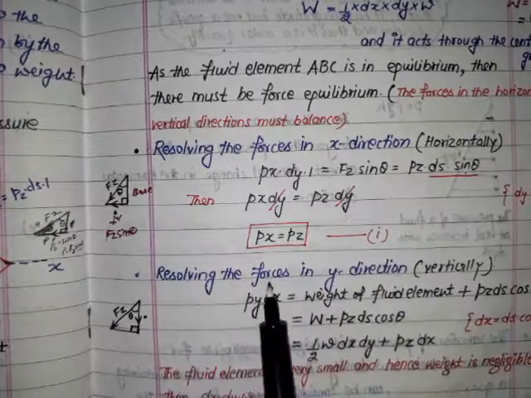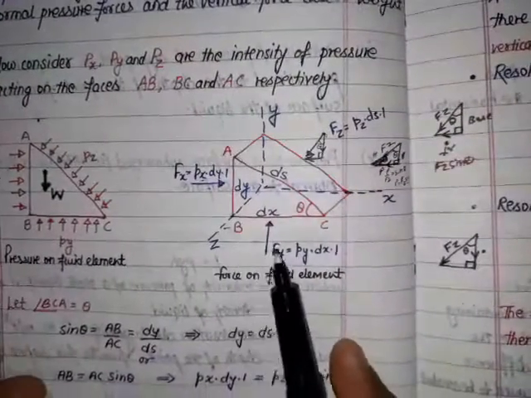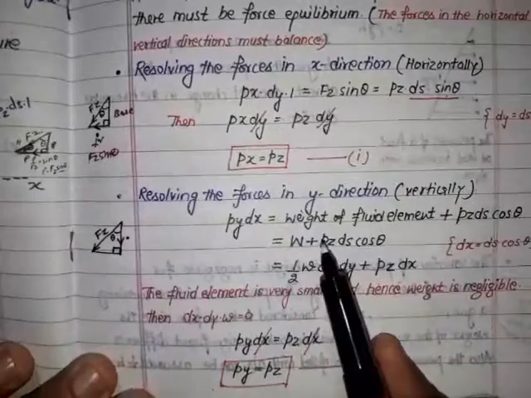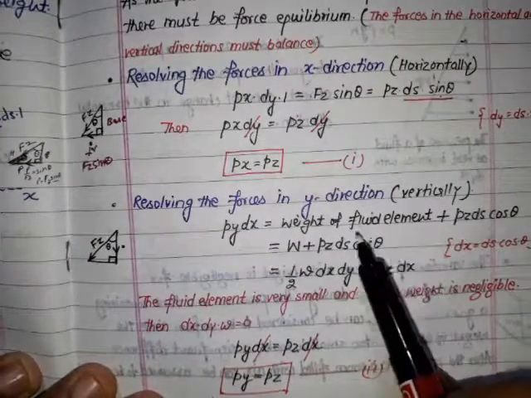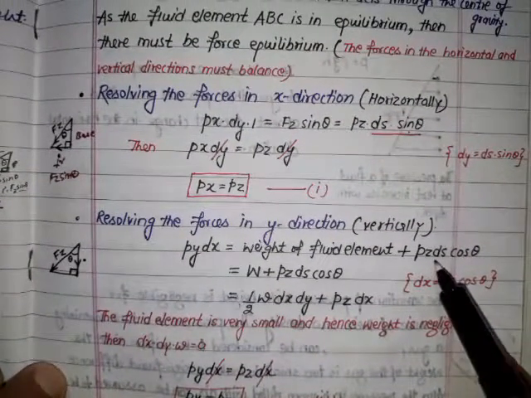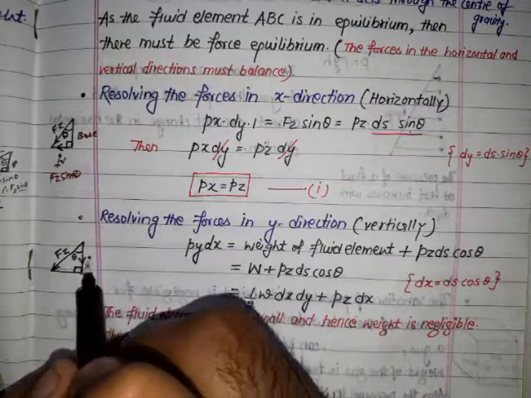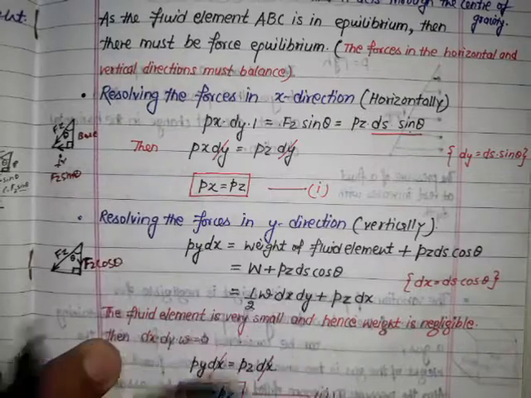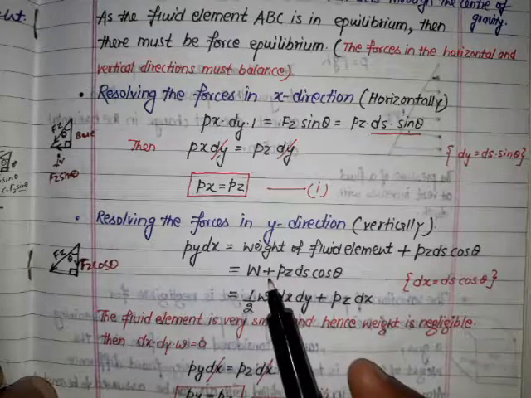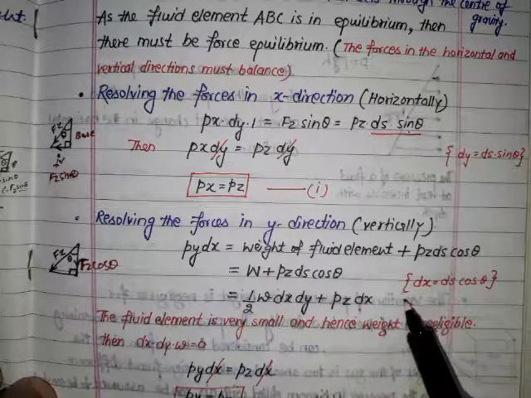Similarly, resolving the forces in y direction, vertically. In y direction, in upward direction, we have py dx, and there is also weight acting, the weight of the fluid element, plus Fz cos theta in vertical downward direction. So py dx equals W plus Fz cos theta, that is W plus Pz ds cos theta, and ds cos theta is equal to dx, as we discussed.